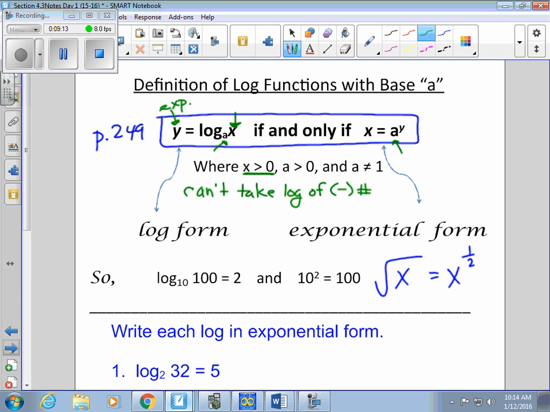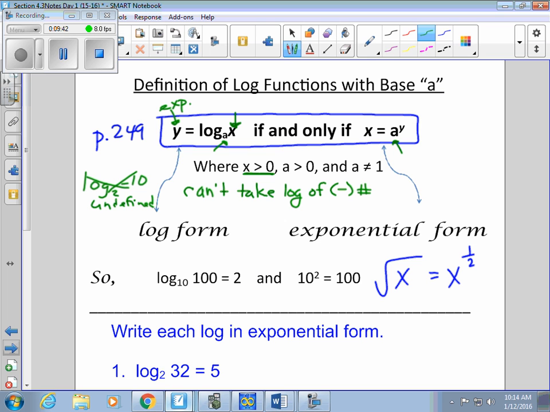It's kind of like the first time you learned about taking the square root of a negative number. You said you can't do it, it's undefined. And then we talked about imaginary numbers. So if you have log to the base 2 of negative 10, that doesn't exist. Your answer is undefined when we're taking the log of a negative value.